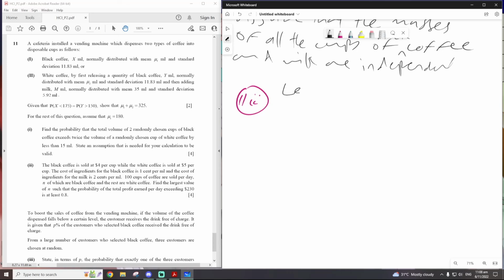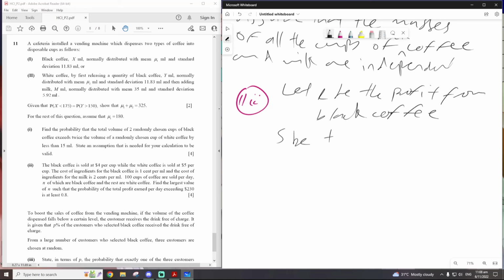Let's see, how can I do this? Well, I don't have any other good variables. Let R be the profit from black coffee.